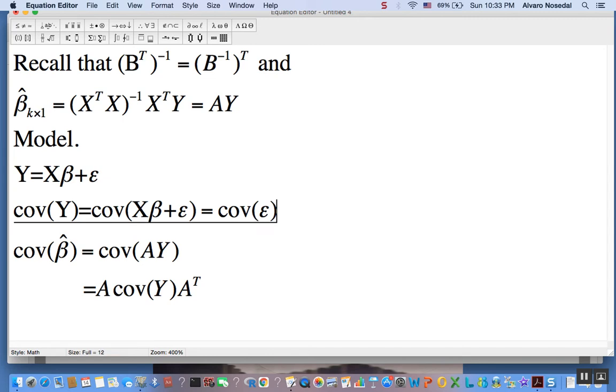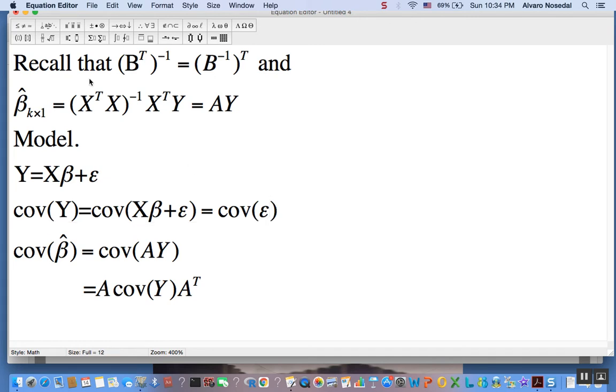Now let's think about the covariance. Remember, epsilon is a random vector, so it's not just a plain covariance, it's not just a number, it's a covariance matrix.